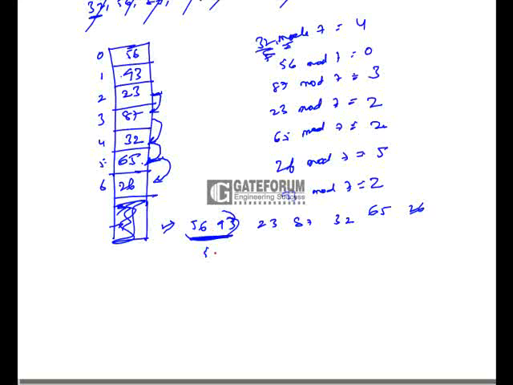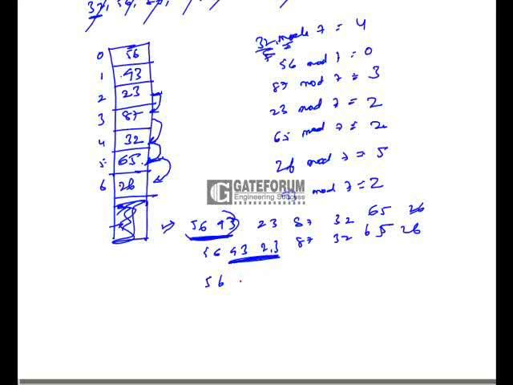Now the next two elements will be compared. As 93 is greater than 23, these two will be interchanged.